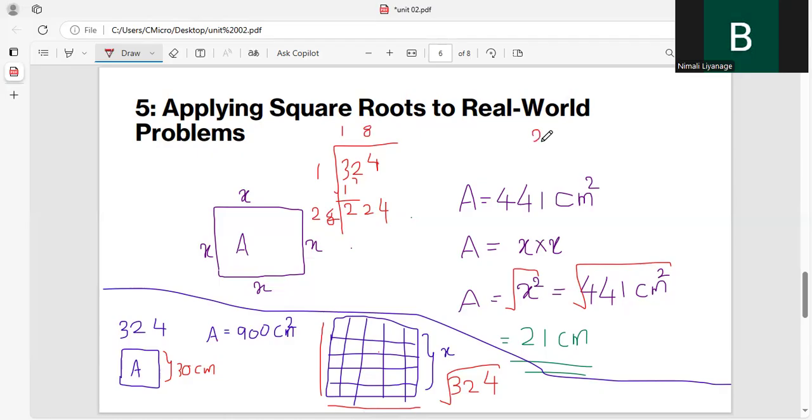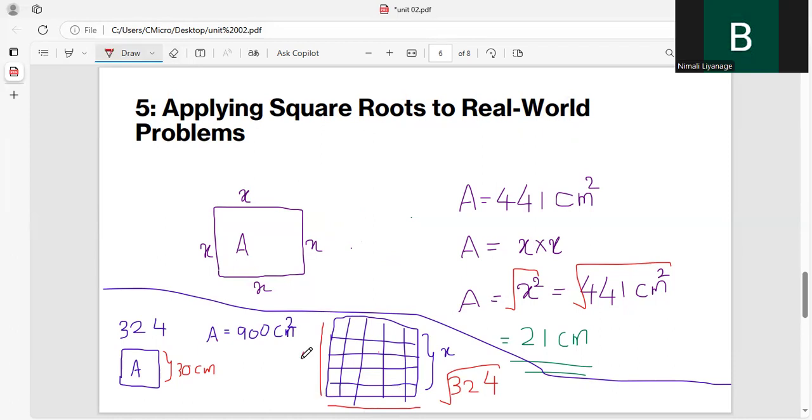So 22 by 8 is how much? The answer is 18. 18. Okay? The number of tiles in one side is 18.